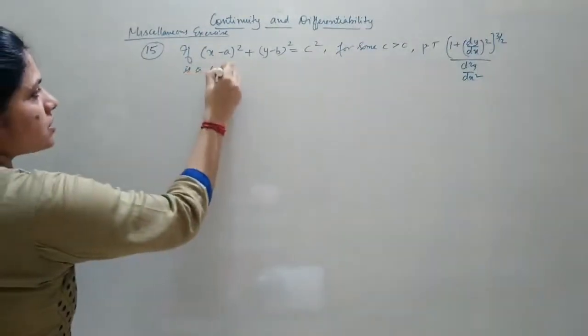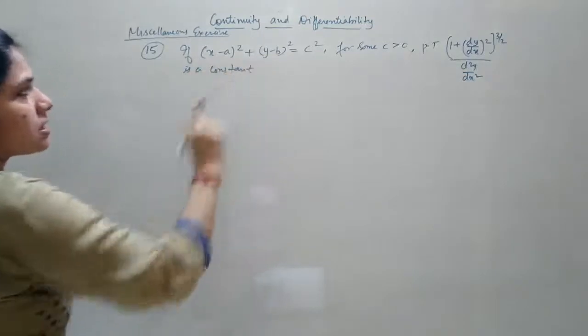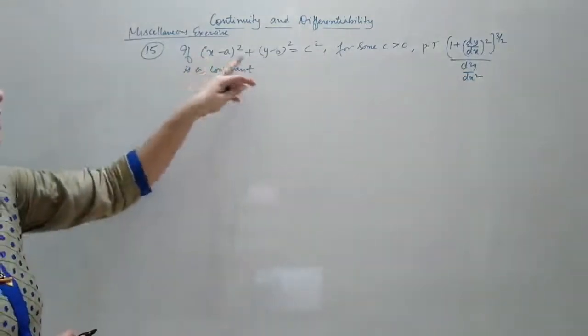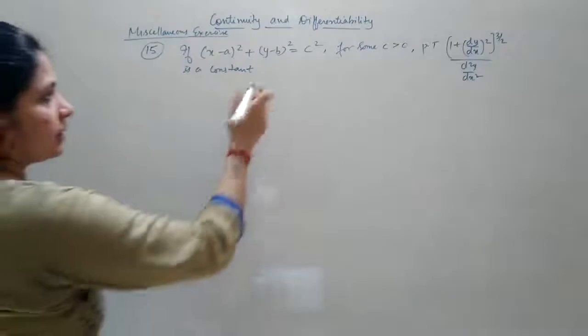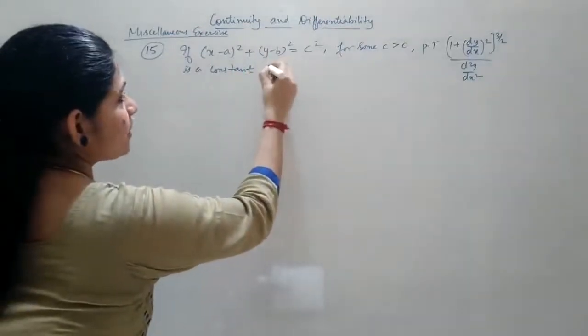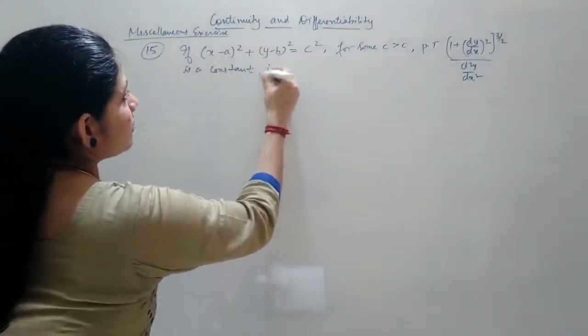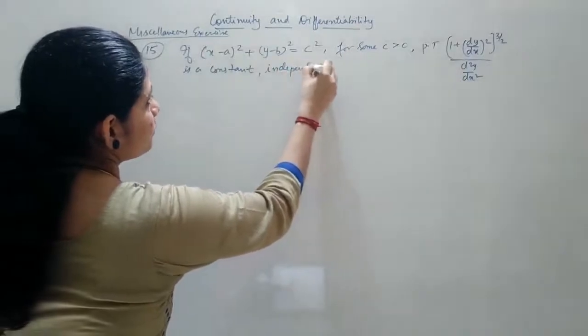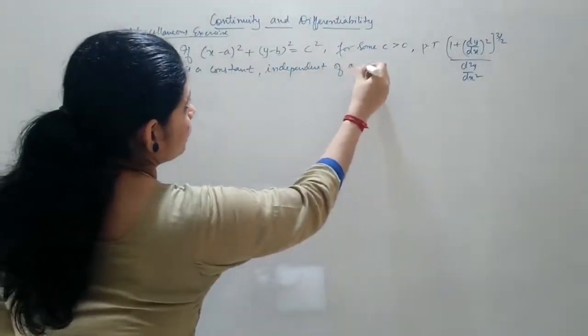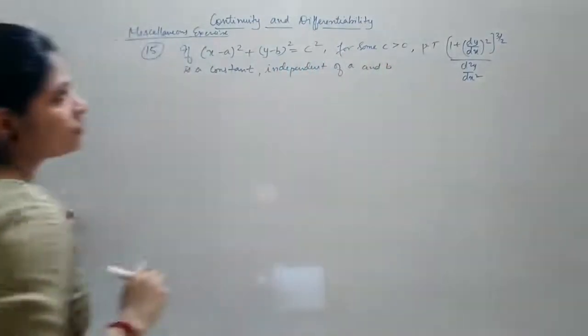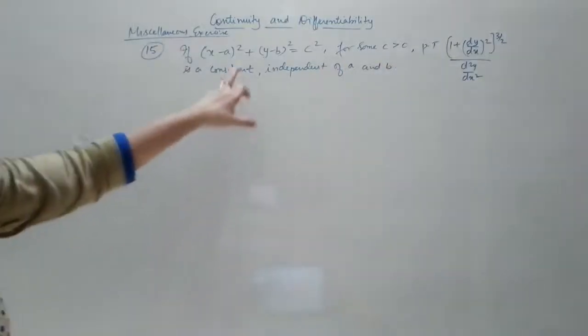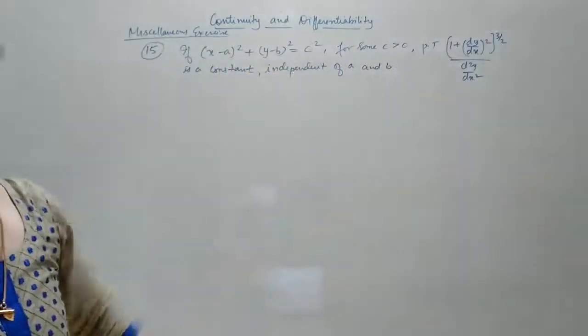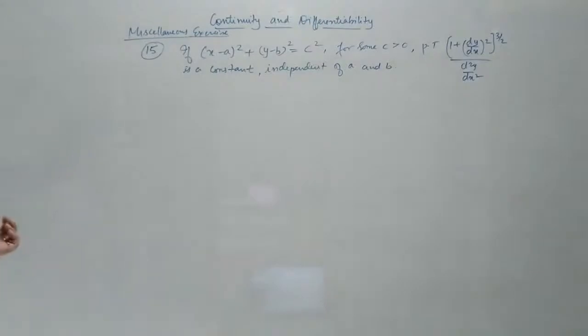Is a constant means you should not get the variable x and y there. And it should be independent of a and b also. That means when they are saying independent of a and b, it can be c. In terms of c, you can get the answer.